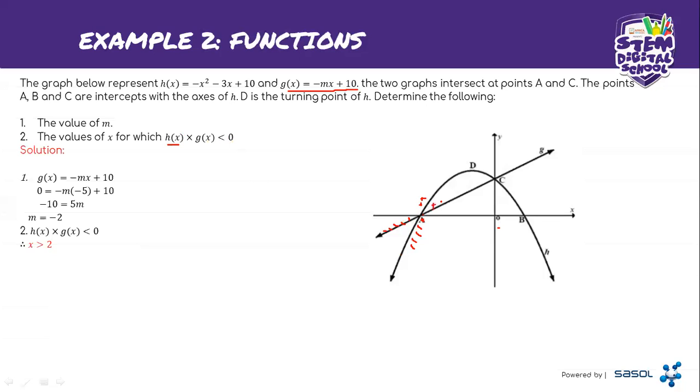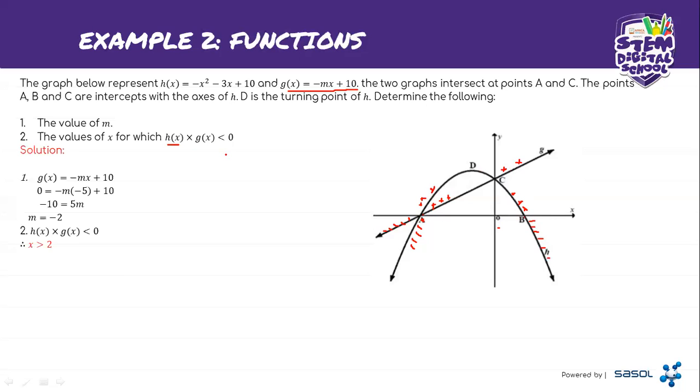It is positive there. Above the x-axis, any graph is positive, and here is also positive, right? And then just after this B here, below the x-axis, the graph starts to be negative.